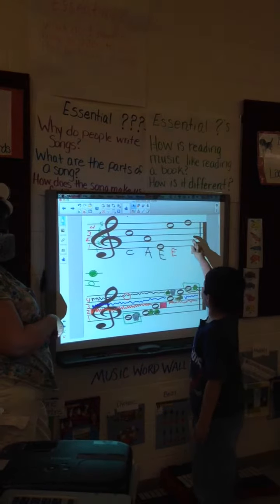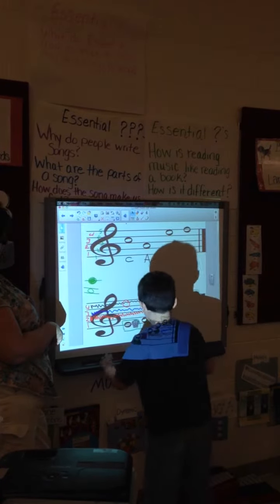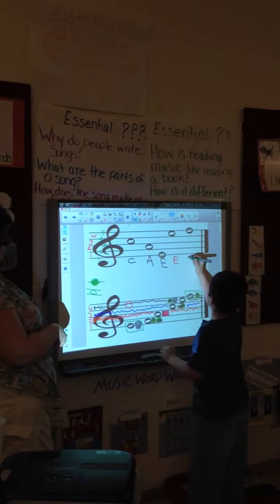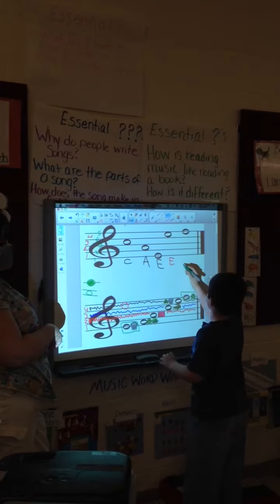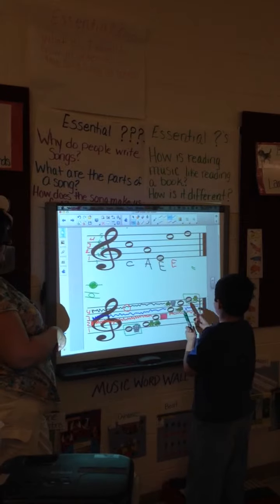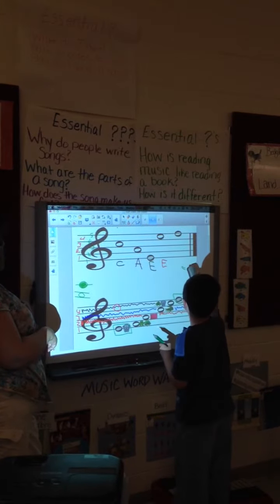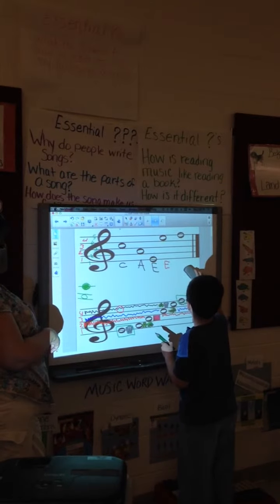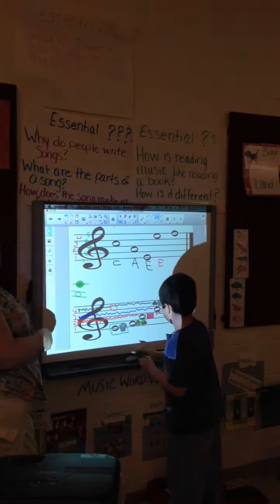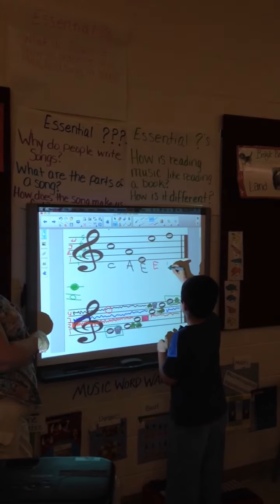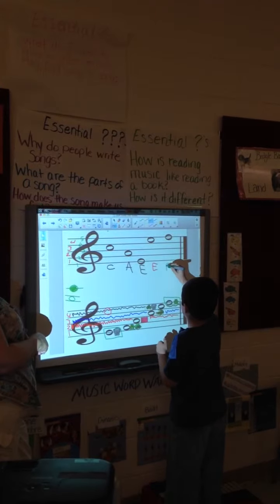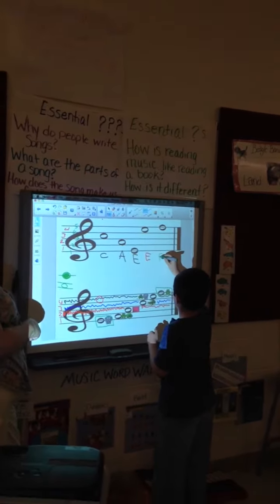Yes. You may write an F right there. Move over under the F. Yeah, just don't let your fist touch it. If your fist touches, your fist will write. If your marker touches, your marker will write. Whatever touches the board will make a mark. Excellent.